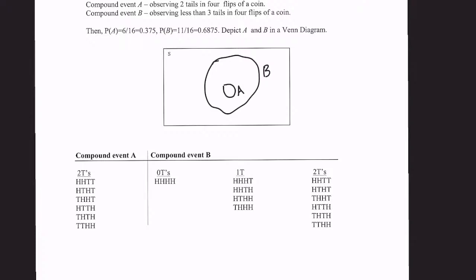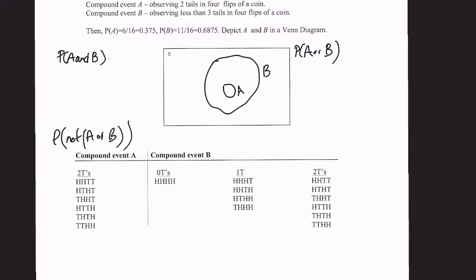So if we were to answer the same questions that we answered for the overview, if I ask you, what's the probability of A and B? What's the probability of A or B? And what's the probability of not A or B?